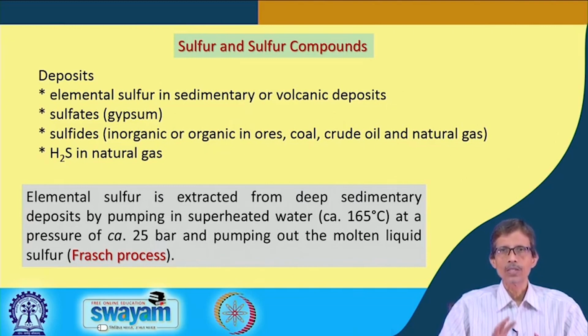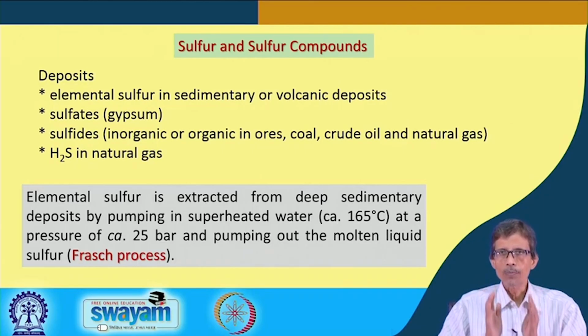It is not that all the sulfur will be in the molten condition, but you get something, a molten liquid sulfur. So at high pressure and high temperature, the idea is that you supply hot water at high pressure and you get the molten sulfur.